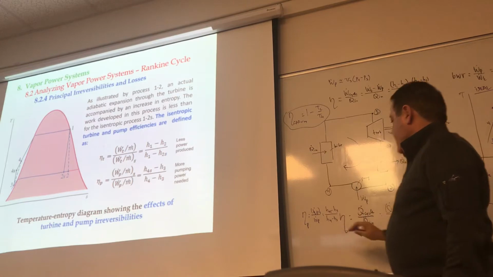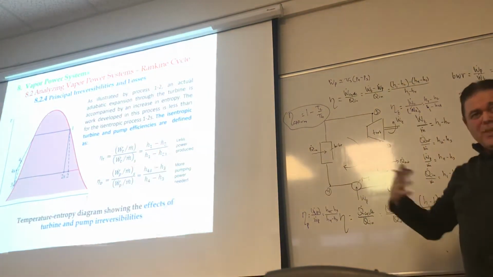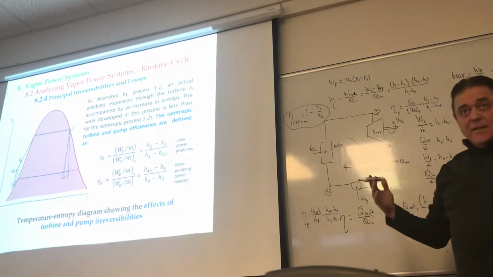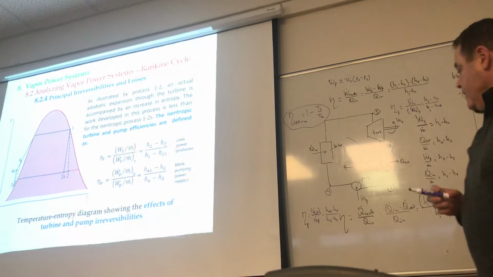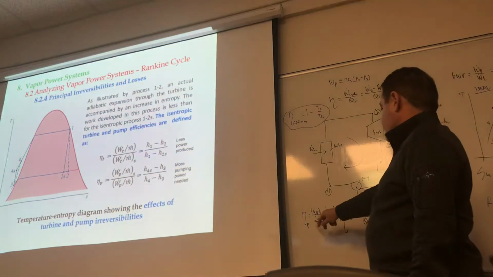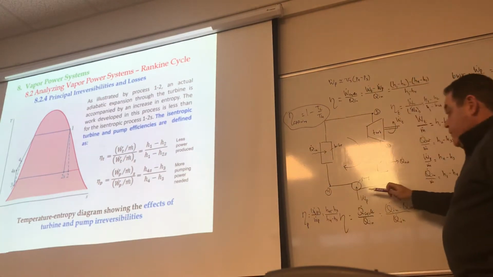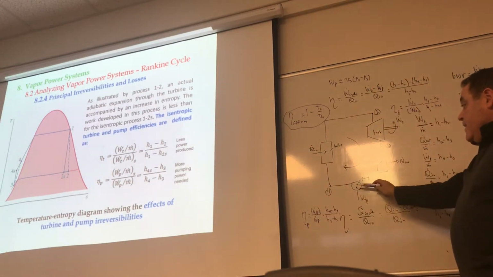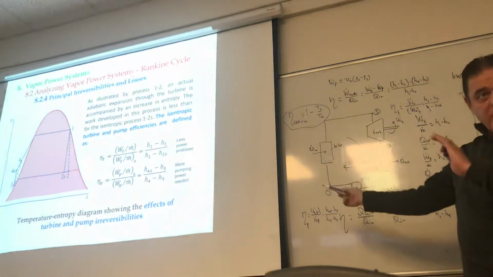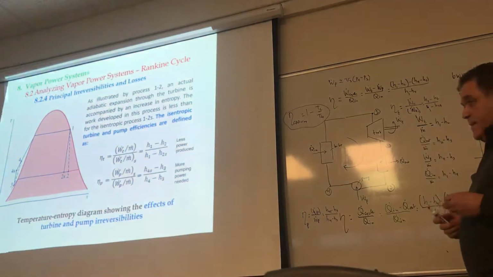Because now, if this one has irreversibility, I have to put in more work, because I have to combat that. This efficiency is H4 minus H3. When I have irreversibilities, obviously the H4 minus H3 will be higher, because I not only have to cause that delta H, but I have to fight that irreversibility that is inside.